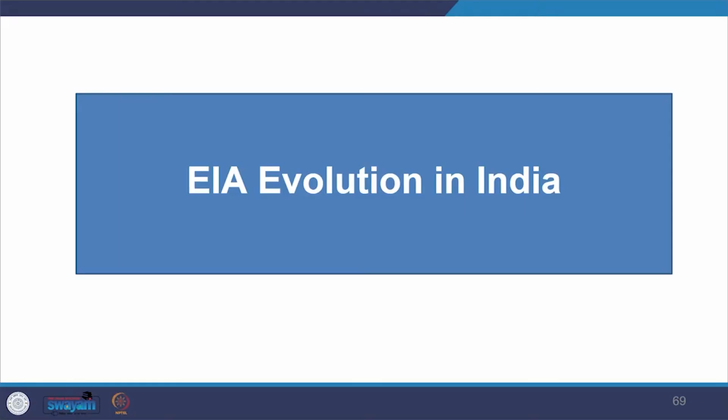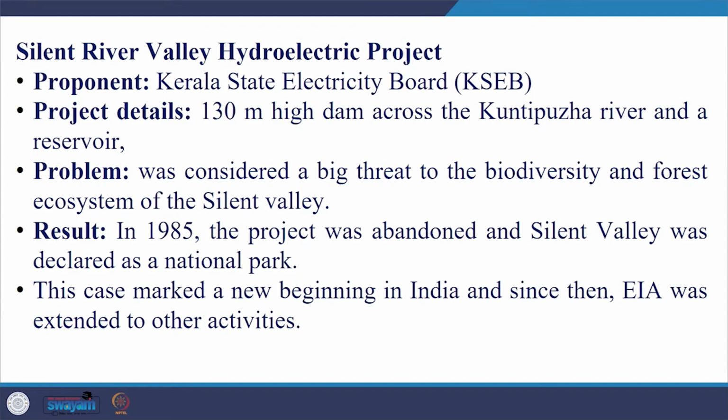Now let us look at the legal part of EIA evolution and the process part of evolution in India. In India, the first EIA was ordered in 1980, while considering the Silent River Valley hydroelectric project, which was a controversial project.